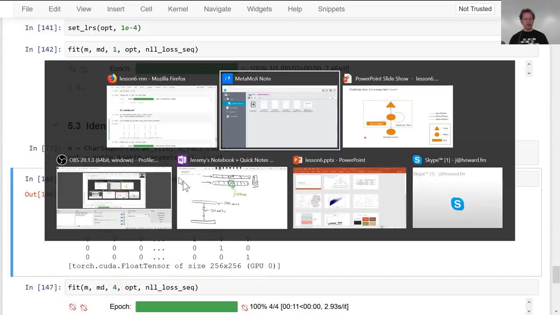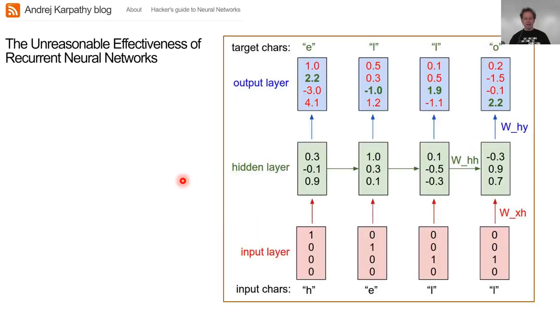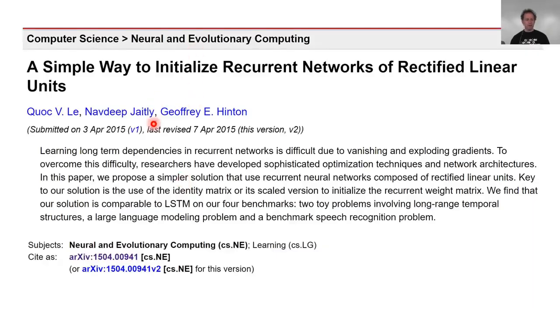This was actually a Geoffrey Hinton paper from, what is this, 2015. After recurrent neural nets had been around for decades, he said, hey, gang, maybe we should just use the identity matrix to initialize this.